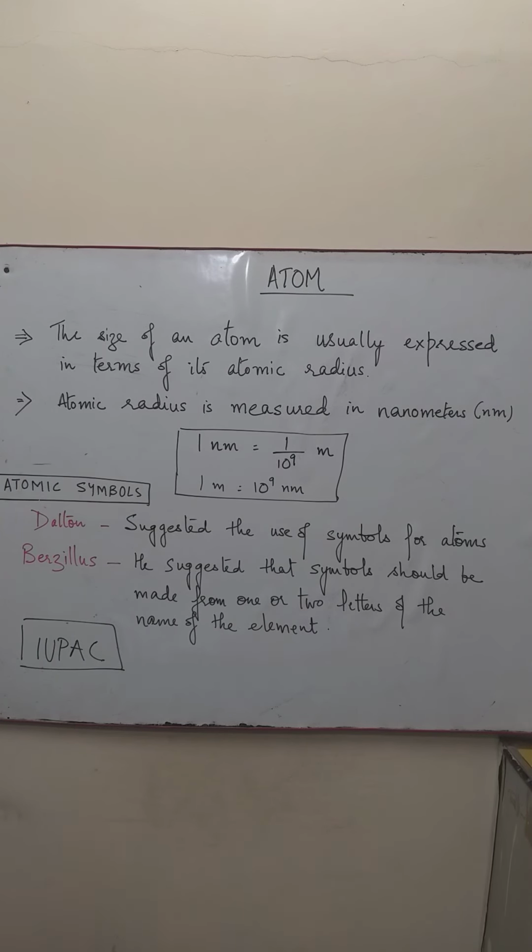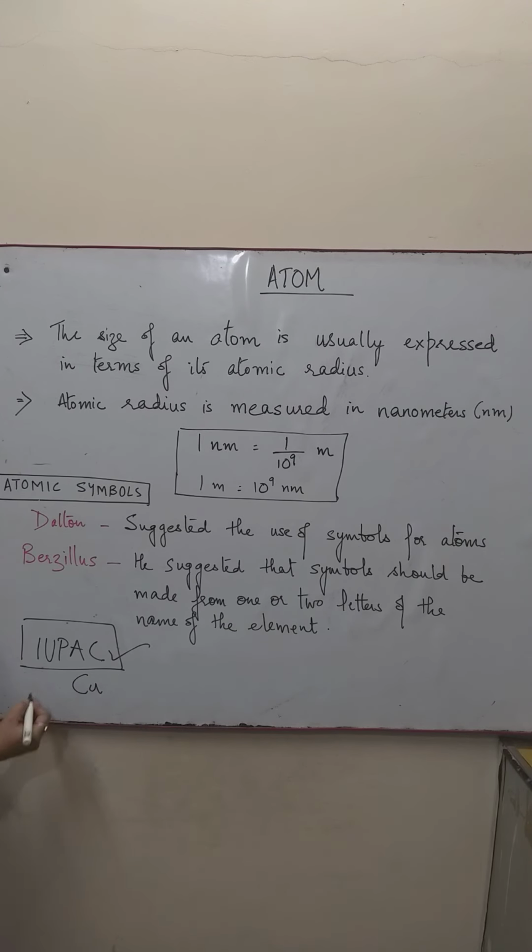It is the agency that approves the final name and symbol for that element. The method adopted presently uses two letters. The first letter of a symbol is always a capital, and the second one is in lowercase, for most of them. For example, copper: the first letter is capital C, and u is small.